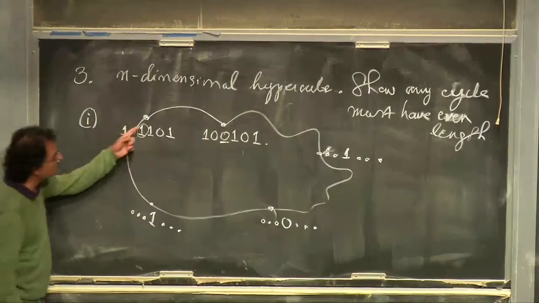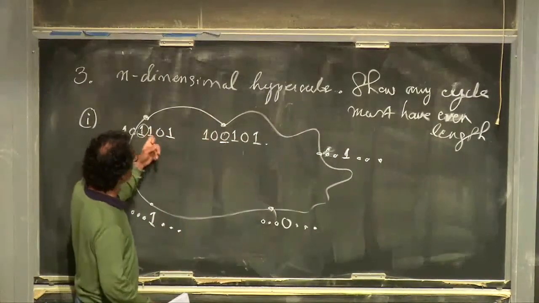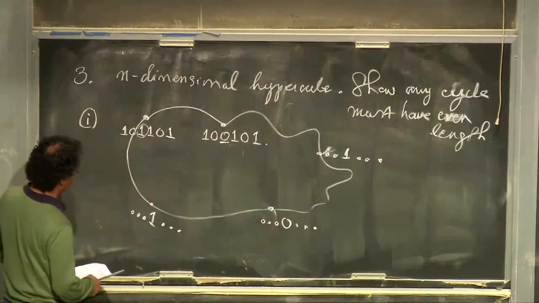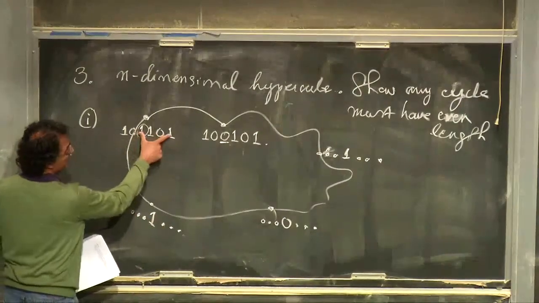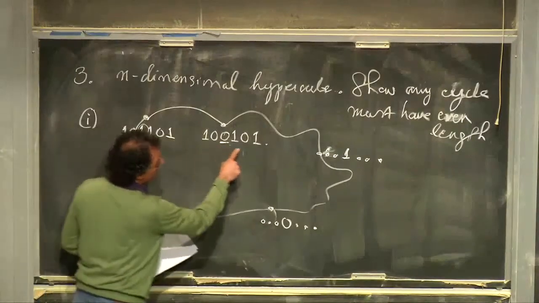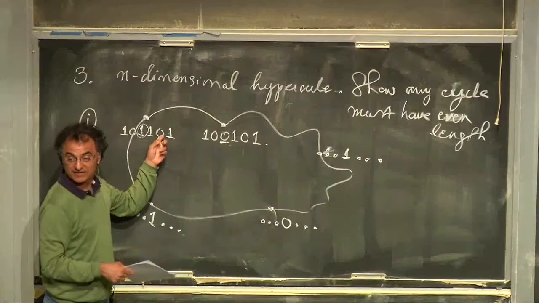Well, it's got to flip an even number of times. It went from 1 to 0, 0 to 1, 1 to 0, 0 to 1. And now it's back here, and these other bits might flip in order to come back here. But whatever happened, this bit flipped an even number of times. But the same is true for every other bit.